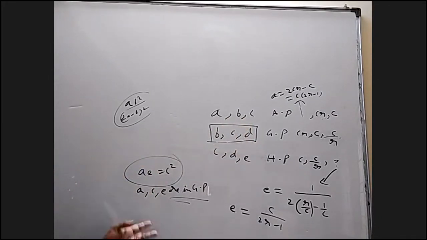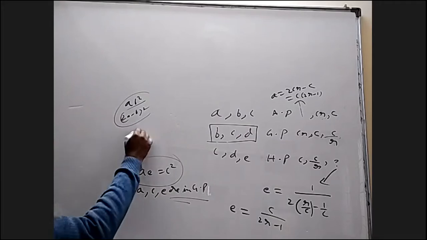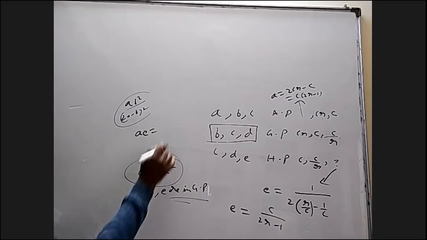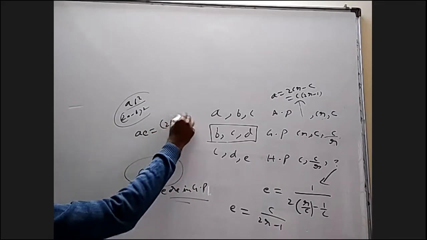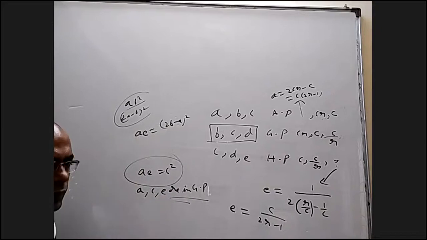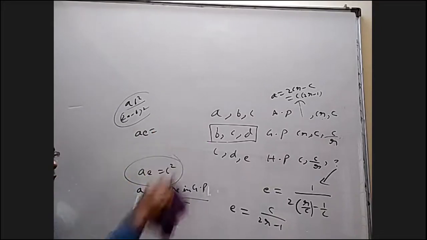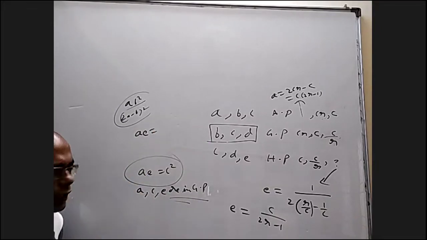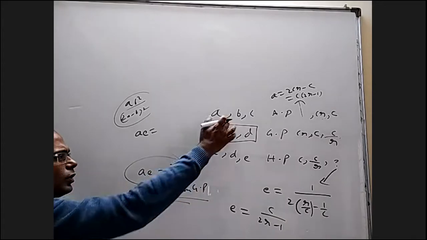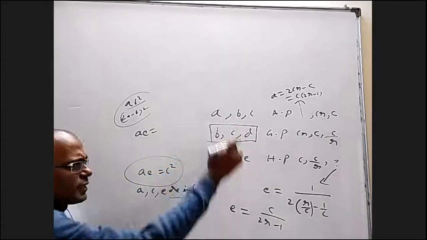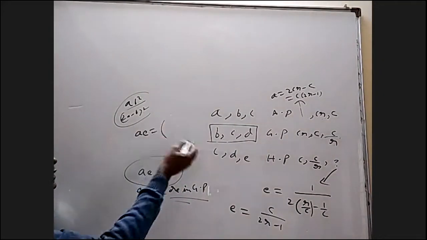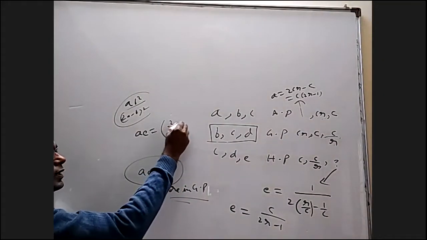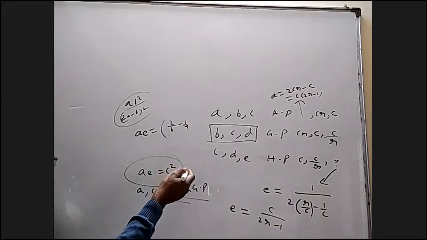If I write AE is equal to, what is this? We said C is 2B minus A whole square. But there E is different, correct? There, ABC are HP, sir. Here it is AP. Okay, so even if ABC, this is HP and this is AP, this result is same. But in the place of C, we have to write that 2 by B minus 1 by A reciprocal. Okay.